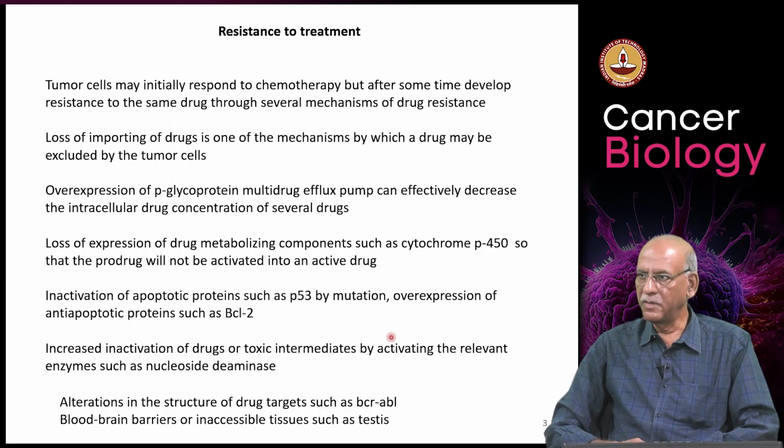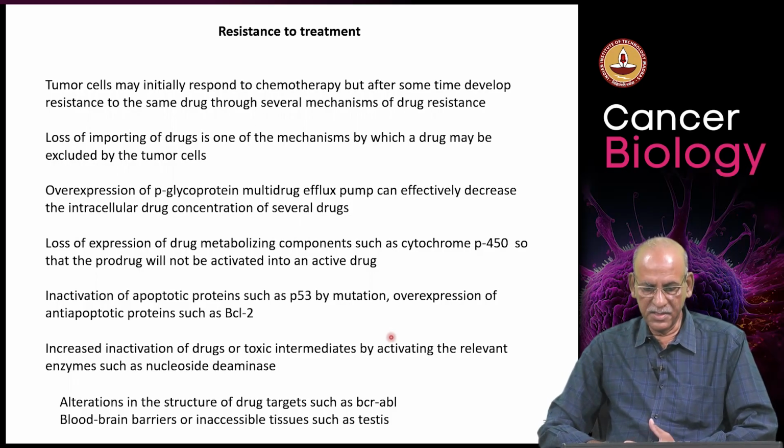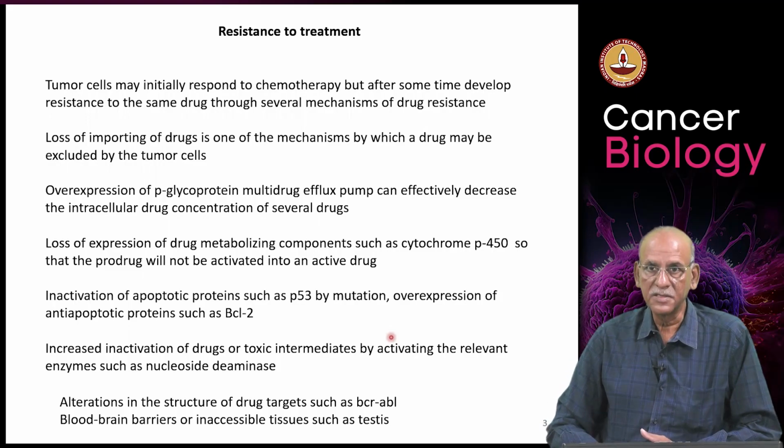There is also increased inactivation of drugs or toxic intermediates by activating the relevant enzymes such as nucleoside deaminase. Then there are alterations in the structure of drug targets such as BCR-ABL, blood-brain barriers, or inaccessible tissues such as testes.